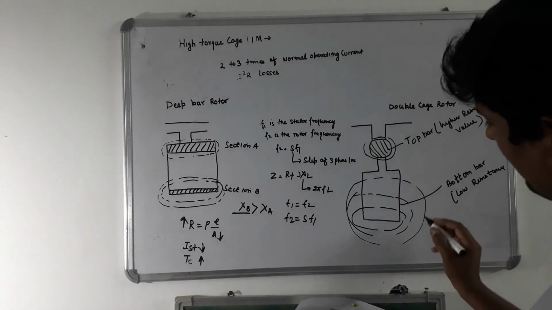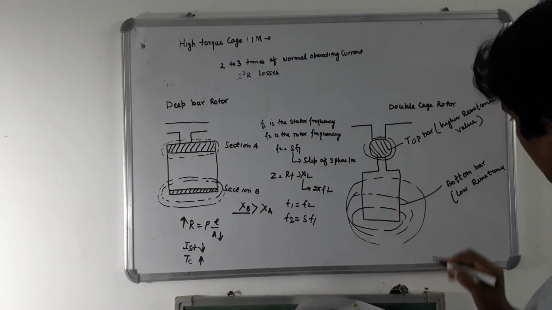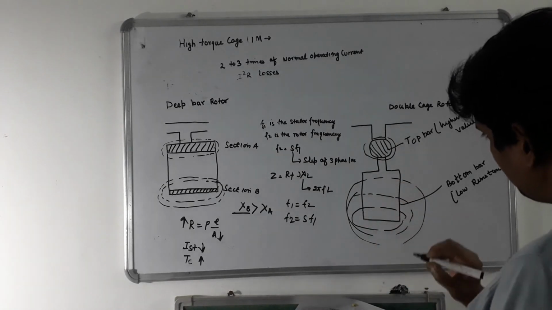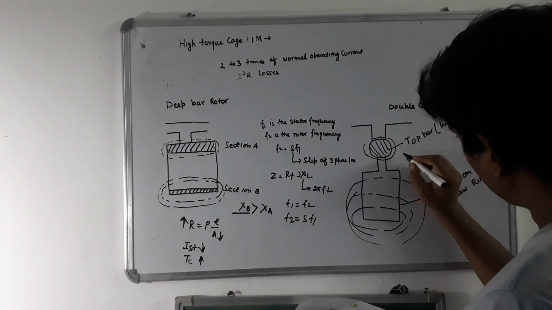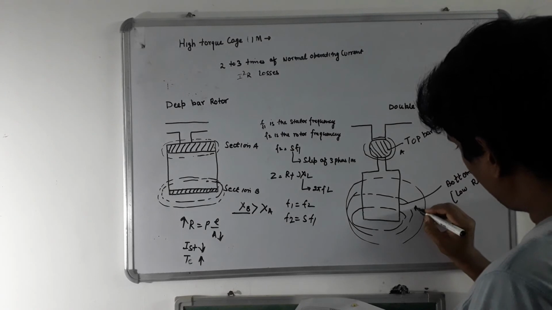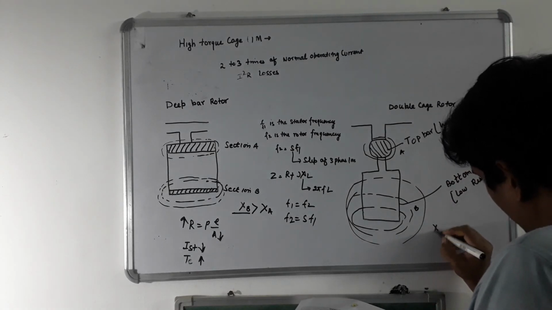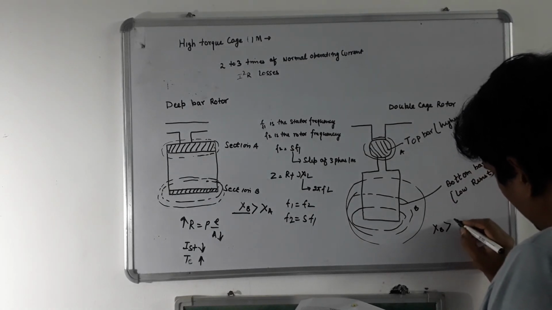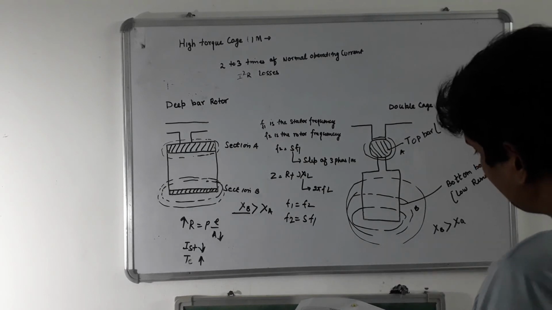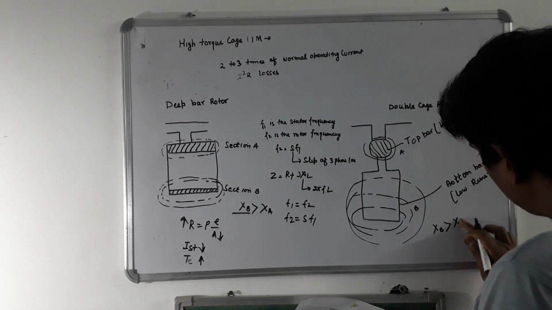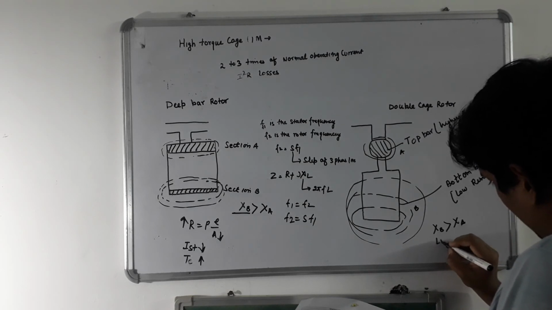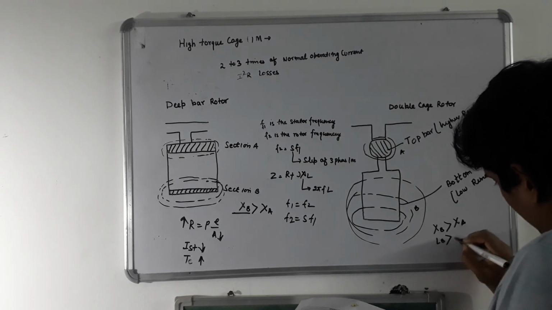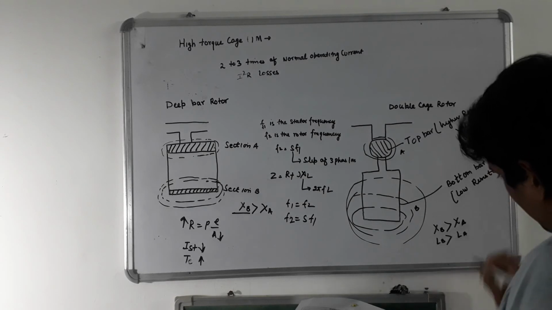Due to the higher flux linking to the bottom bar, if we take the top as A and the bottom as B, then XB is greater than XA due to LB being greater than LA.